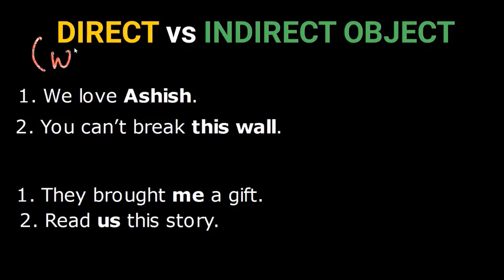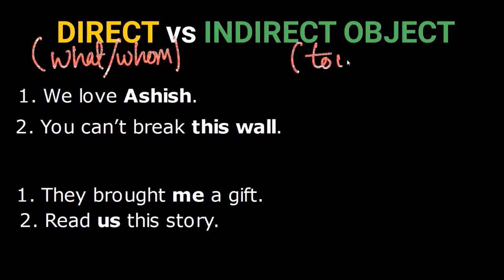By asking what or whom to the verb. If you ask what or whom to the verb, you're going to get your direct object. How do you find the indirect object? By asking to whom or for whom, right? This is the difference. And you can have a direct object without having an indirect object, but you cannot say the same for the indirect object. For an indirect object, you must have a direct object.